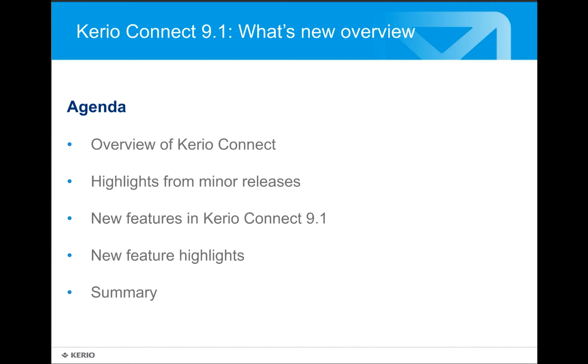So we'll probably start off with that. After that, I'll go through a summary of all the new features in Kerio Connect 9.1, and then from there, I'll highlight some of those so that we can take a more in-depth look at it. And then from there, we'll go through a summary and wrap up. So I have about 21 slides, something like that, including the two we've already done, and I expect this to take about 20 minutes.